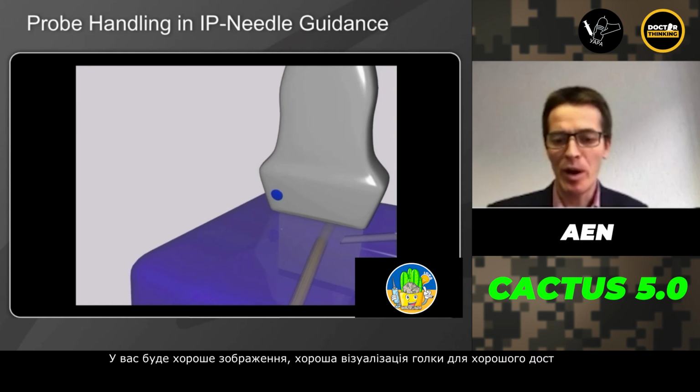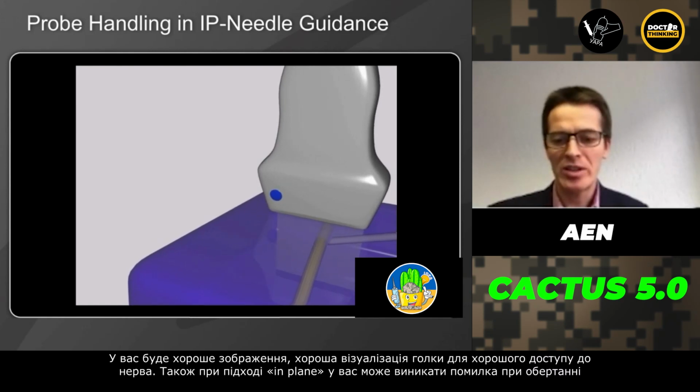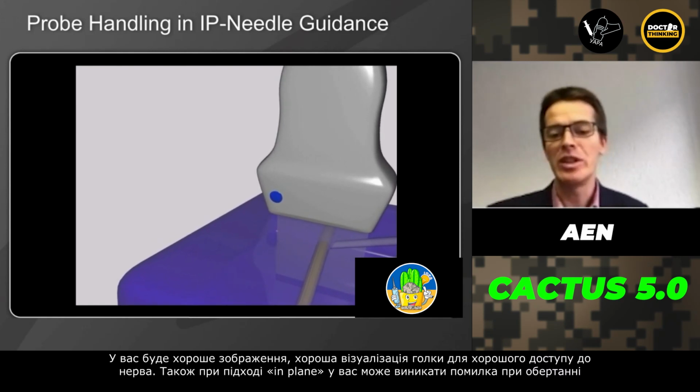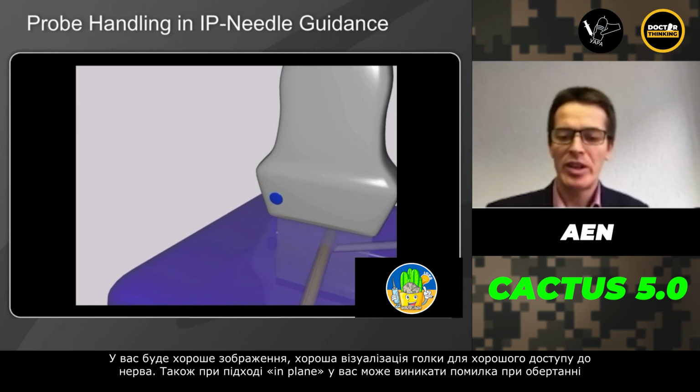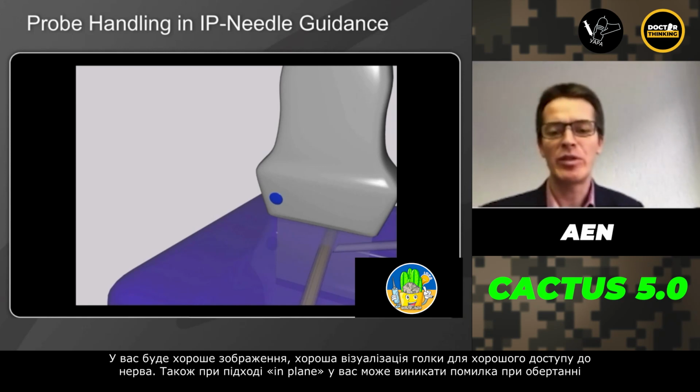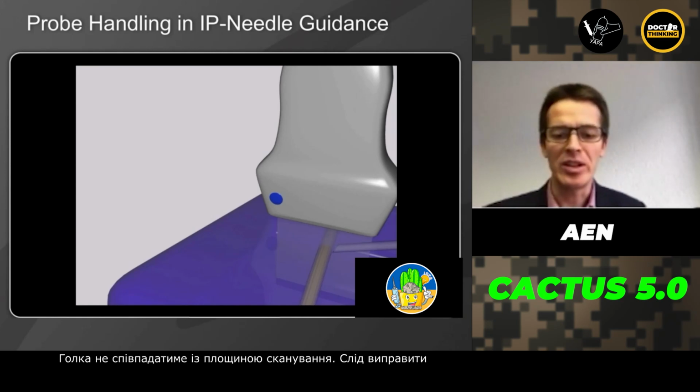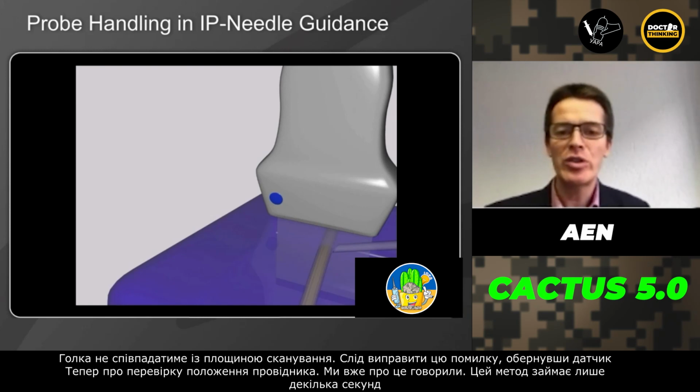So you hopefully get a good image and a good identification of the needle for a safe approach towards the nerve. Also in in-plane procedures you may have a rotation error, so that the needle path is not perfectly aligned with the scanning plane, and you of course then have to correct this error by probe rotation.